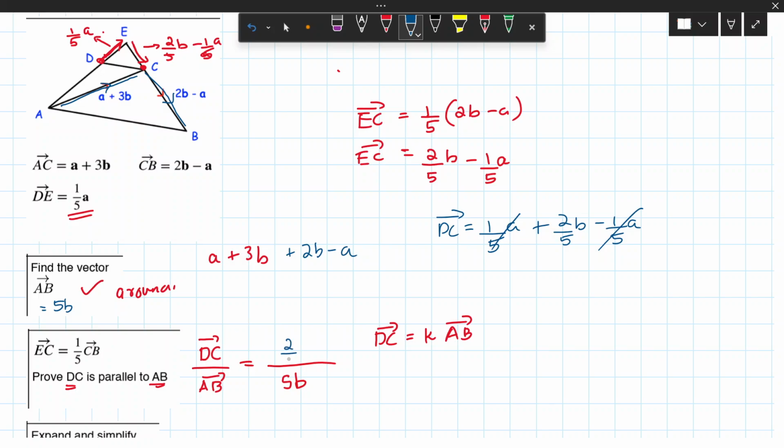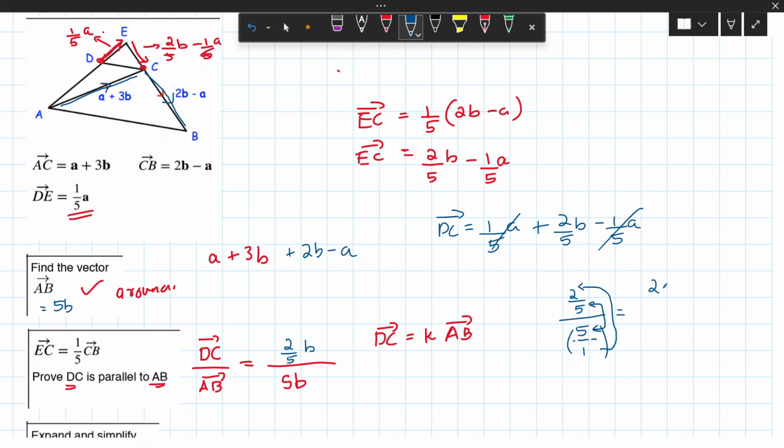So this is 2 over 5 B. So now if I take the ratio, I've got 2 over 5 over 5. That's like saying this is 5 over 1. So if you do keep, flip, change, the denominator of the denominator goes to the numerator, and the numerator goes to the denominator.